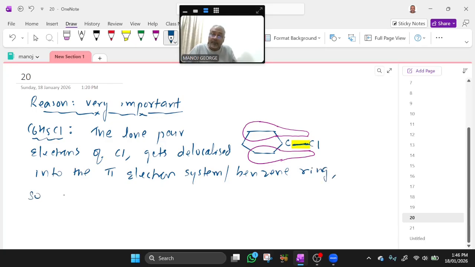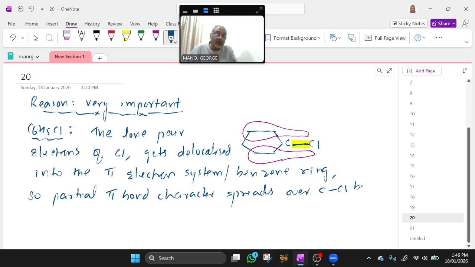So partial pi bond character spreads over the CCl bond, making it very strong or very less reactive.